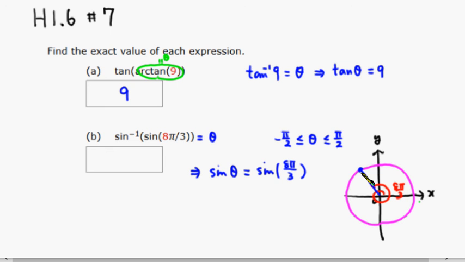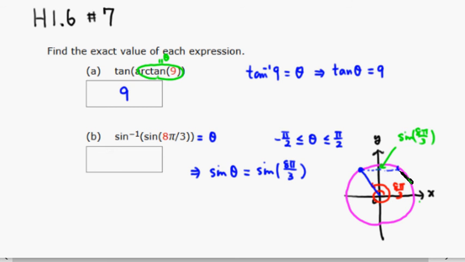The y coordinate right here is the sine of 8 pi over 3. But we want the angle between negative pi over 2 and positive pi over 2 which gives us the same sine value. So you can just go all the way here.